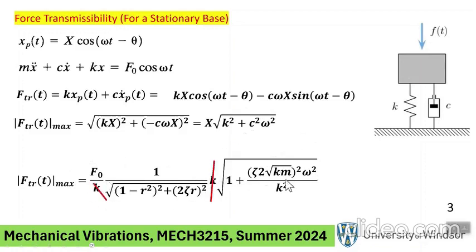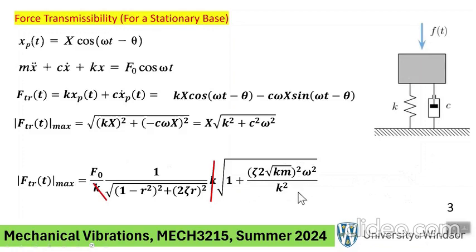And then here, just literally write down what this thing reduces to. In other words, for example, remember, omega n is the square root of k over m. So, for example, k squared is equal to m omega n squared.